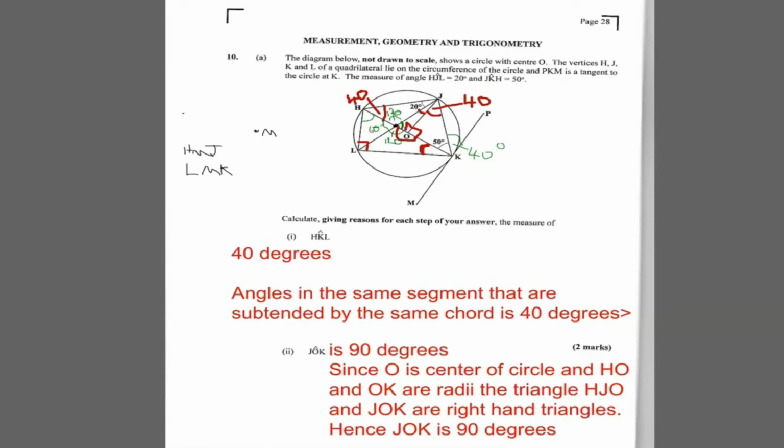Angles in a triangle sum to 180 degrees. So JHK is equal to 180 minus the 90 plus the 20 plus the 30.